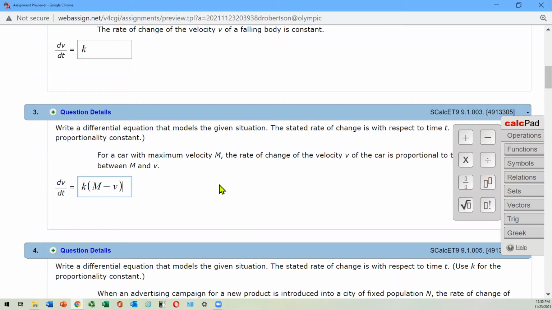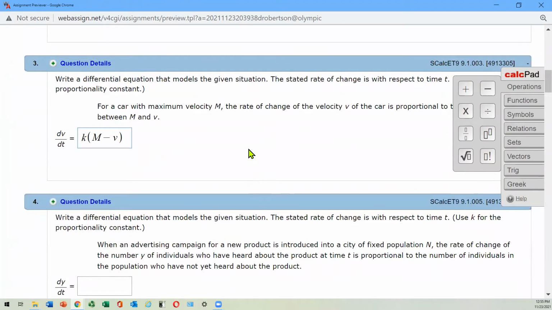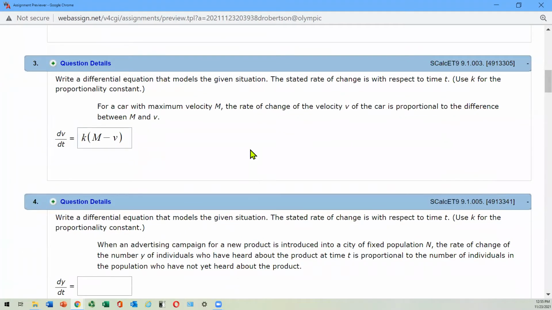So it's relatively easy, using the language of physics, which is basically inverse and direct proportion, to create a differential equation without too much effort. Now, once you create that, you can go on and look at the details.